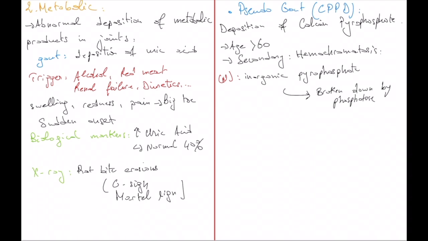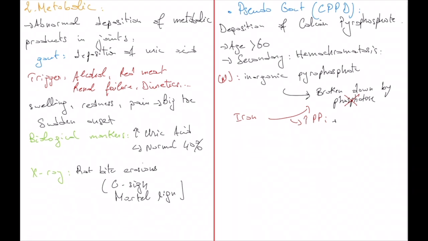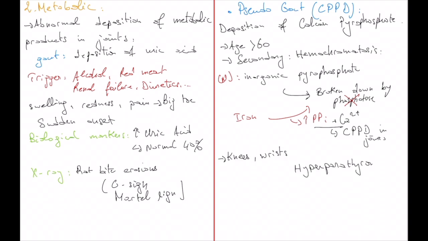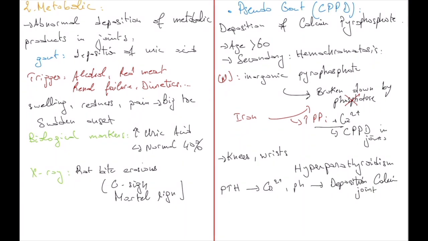The inhibition leads to pyrophosphate accumulation, which combines with calcium, causing calcium pyrophosphate crystals to deposit in the joints. It's also seen in hyperparathyroidism, due to the excess PTH that causes an imbalance of calcium phosphate metabolism, which leads to hypercalcemia and promotes joint calcification.